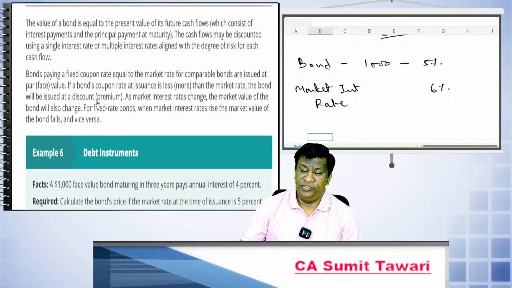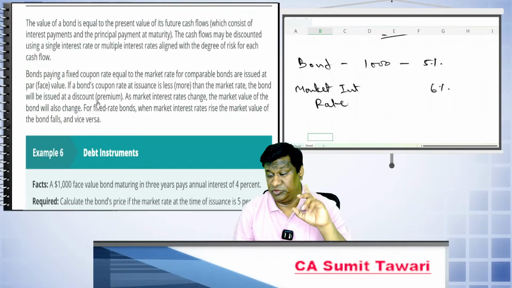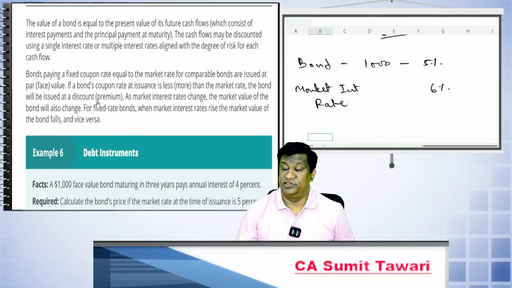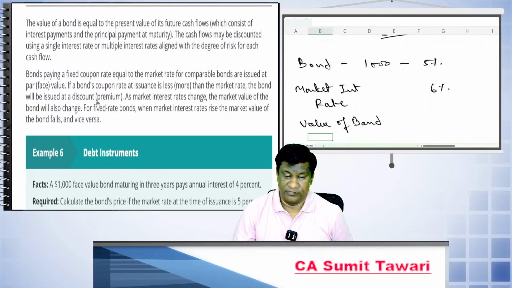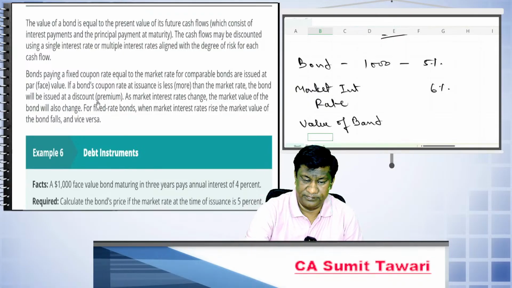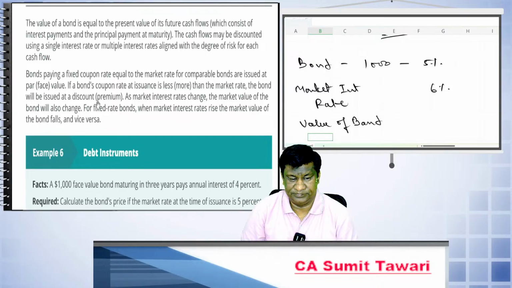On the basis of whatever we learned in perpetuity dividend, if you apply the logic, can you calculate what would be the value of the bond? I mean, assume the perpetuity.